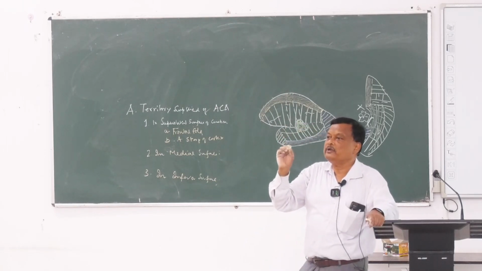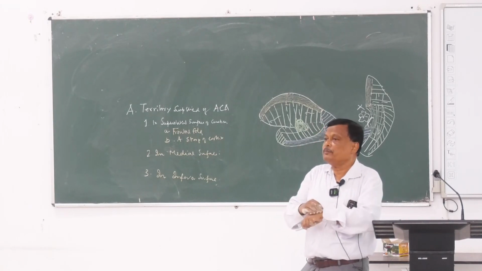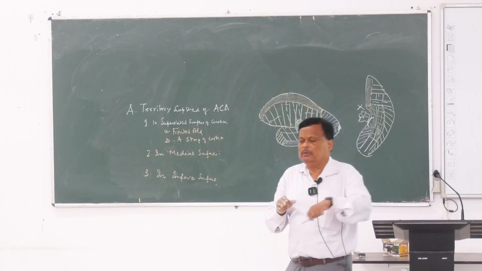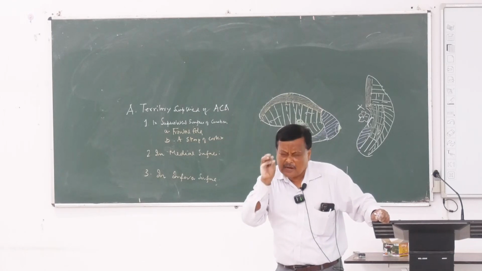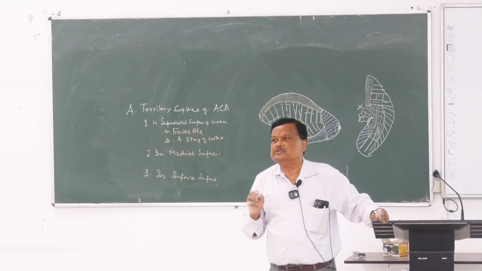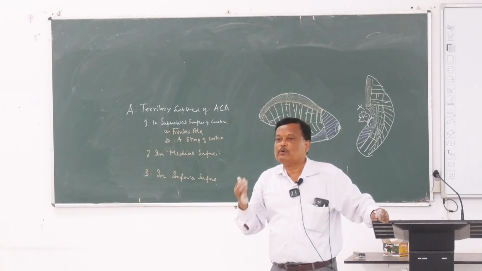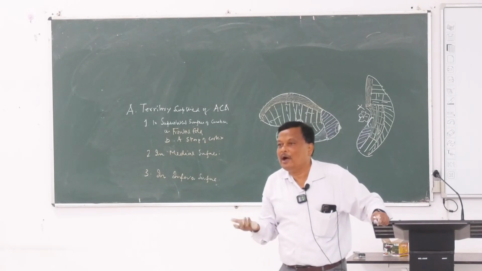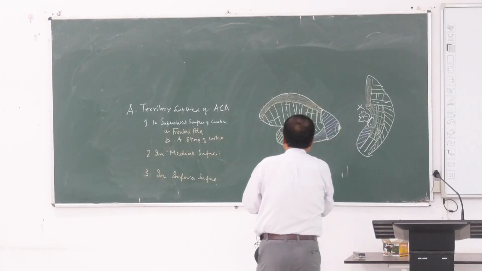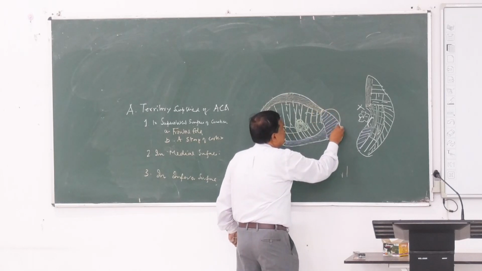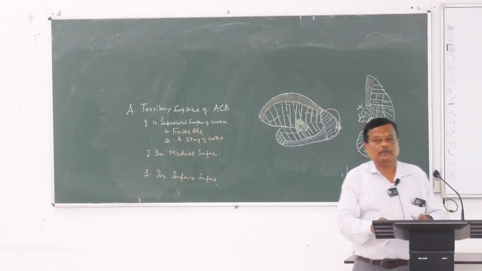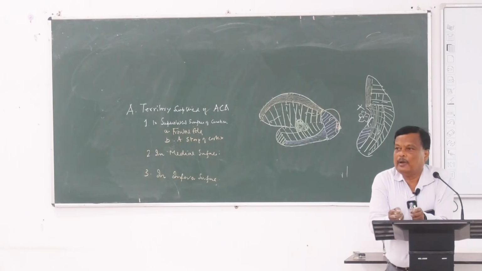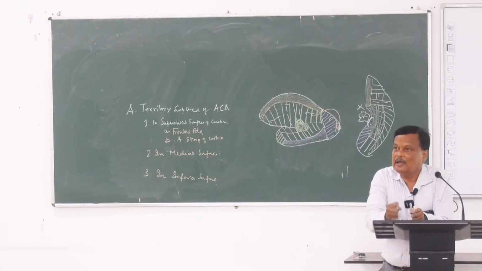It has been seen that when there is a block of the posterior cerebral artery, visual sensation is lost, but we can still see somewhat like tunnel vision, acuity of vision, we see fairly well. Why? The macula has been spared. Why? Because this macular area has a double supply, middle cerebral artery and posterior cerebral artery. The macular area or extreme posterior pole of the occipital lobe where the macula is represented is supplied by double artery, posterior cerebral artery and middle cerebral artery.